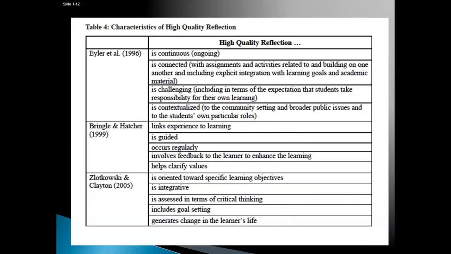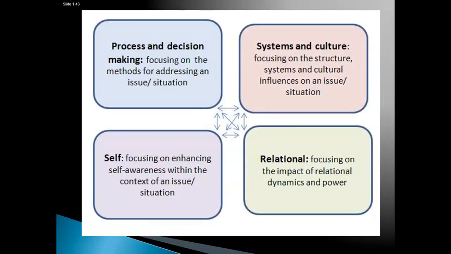So high quality reflection, how to achieve that, you can also look at these. Try to focus on all of these if you can. Is there anything about process, decision making? Can you capture it? Is there anything about systems and culture and context? Can you refer to that? Is there anything about your self-awareness?